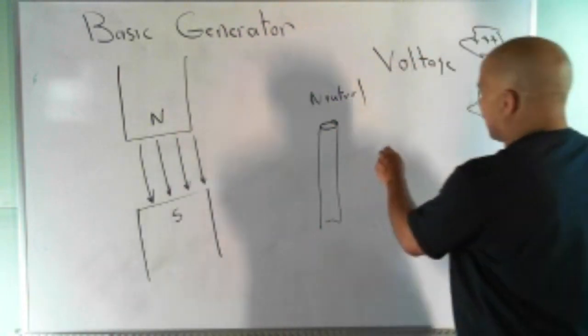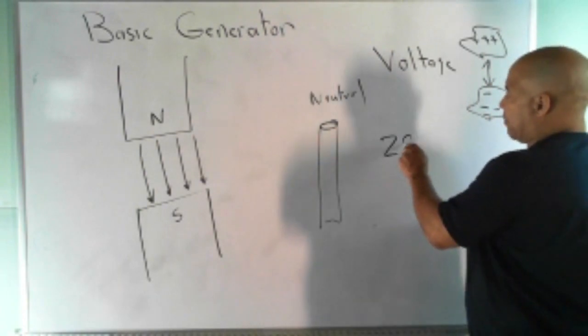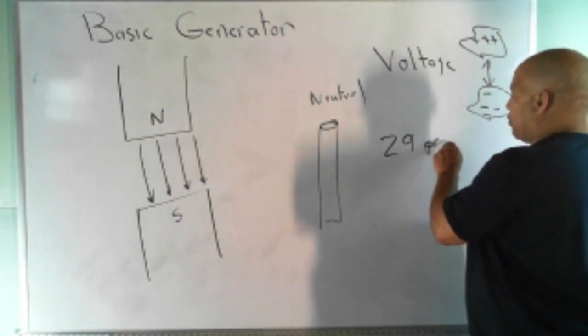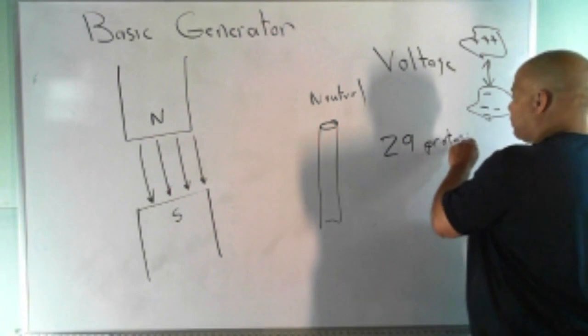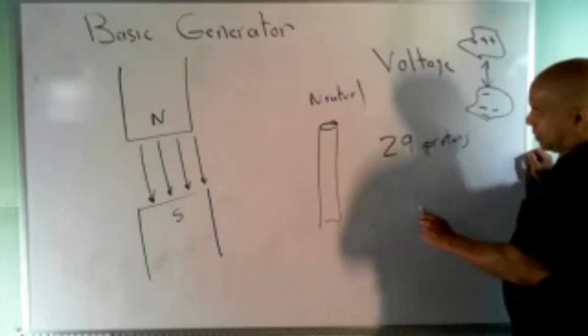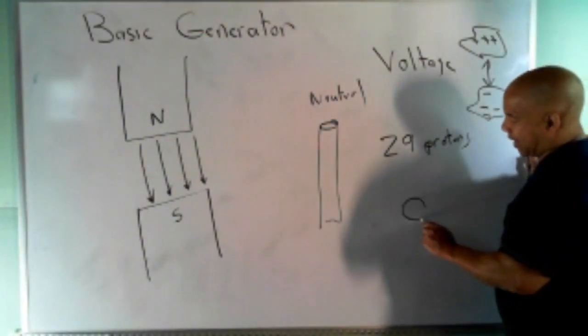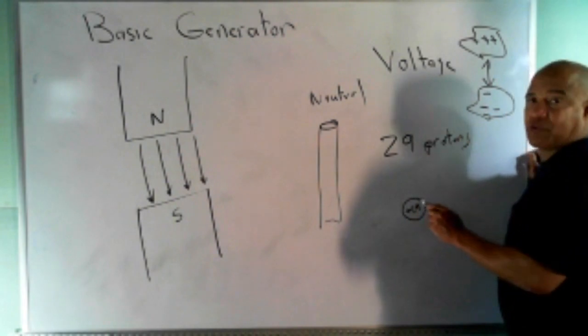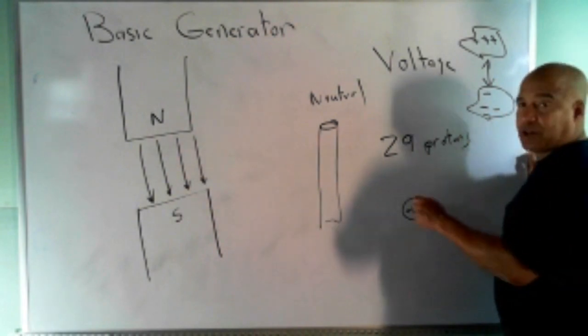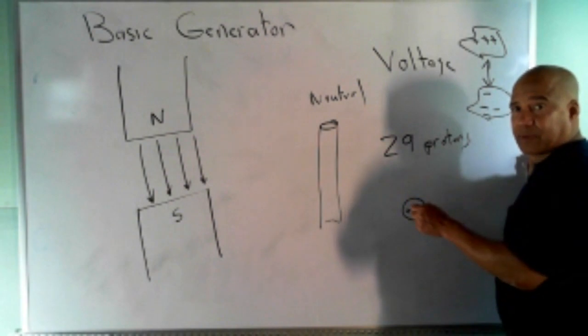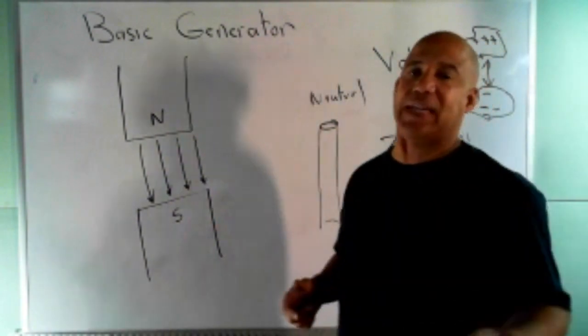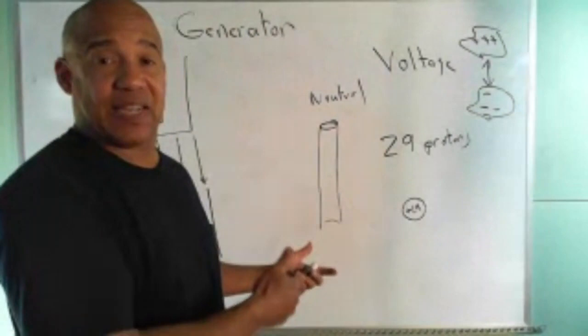Copper has atomic number 29, which means there's 29 protons. And if it's a neutral copper, I have 29 protons and 29 electrons, but remember those shells that we talked about in DC? See, this is why I spend time doing that in DC, so I can explain stuff like this in AC.